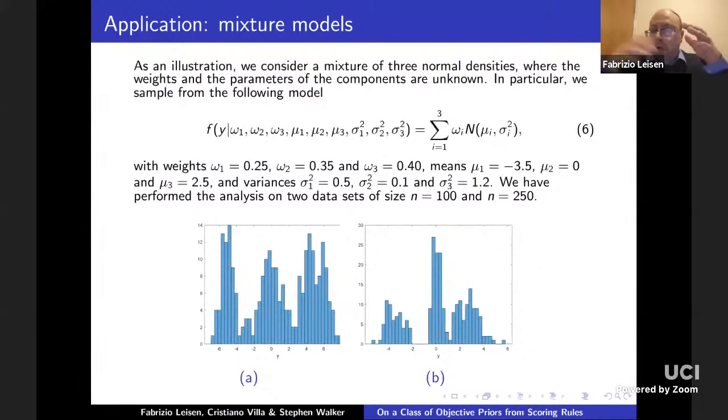I'm not going to list the numbers, but let's say that we selected the means in a way that are reasonably distant. In the paper, we have a simulation study for 2 scenarios, n equal 100 and n equal 250. Here we show just the case for n equal 100.